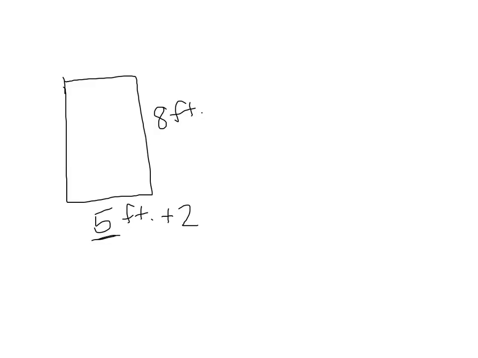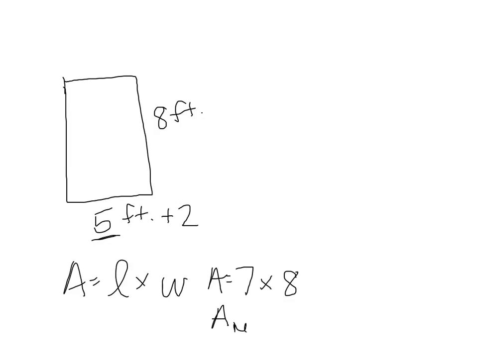It is number 5. Okay, so my first step is to figure out how much my new garden, the area of it, is going to be. I know how to find the area because I know the formula. Area equals length times width. Okay, so if I just do 7 times 8, then I would get my new area of the new rectangle, would be 56.